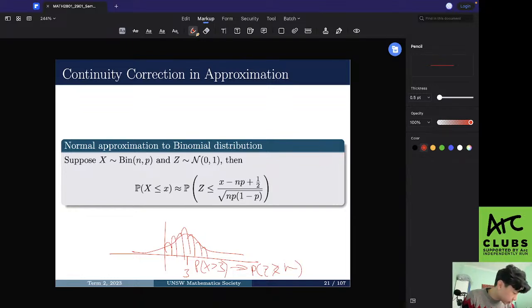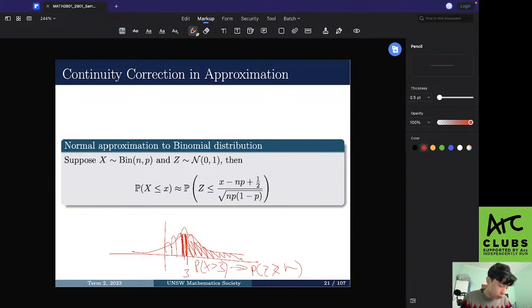But what it does is, in the normal distribution, we take this middle column, right? And then we find the area in this curve. But then what we notice is that in a binomial, we use kind of like a bar graph, right? So the probability doesn't start in the middle, it actually starts over here.